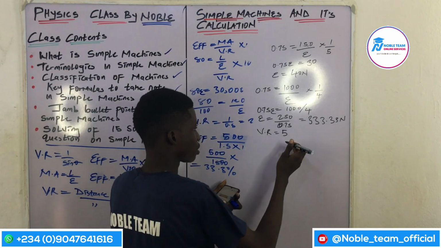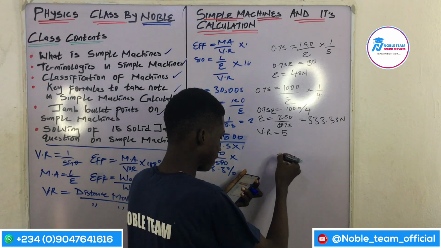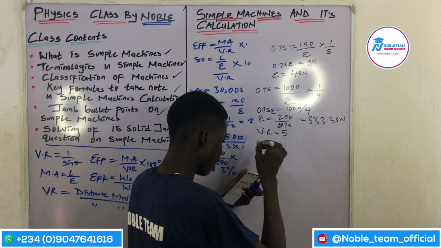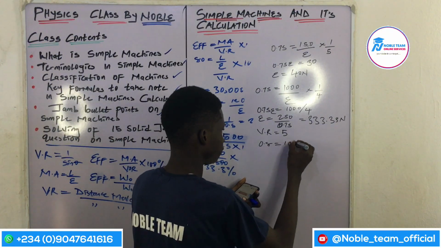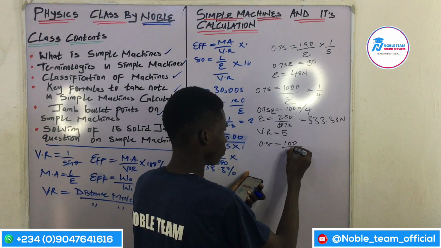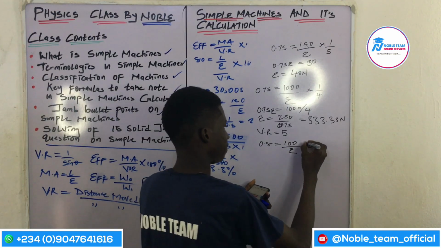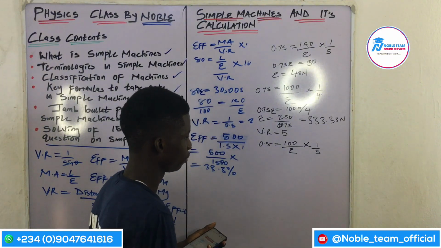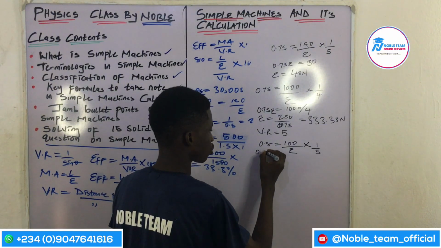Now my velocity ratio is 5, then my efficiency is 80%, which is 0.8, equal to my load 100 divided by E, multiplied by 1/5. I'll cross multiply.